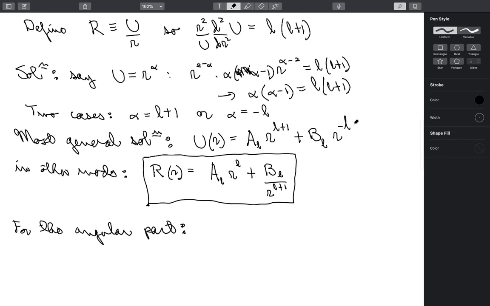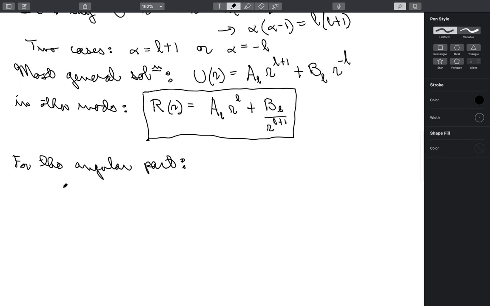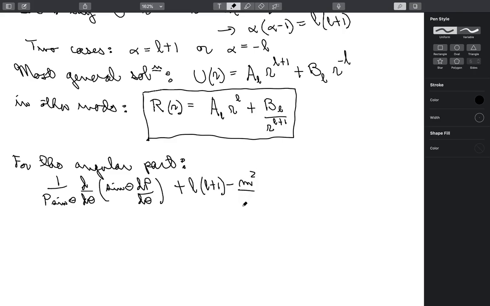We can rewrite this cleanly in the following way. I have 1 over P of theta times sine theta, d d theta of sine theta dP d theta, plus L times L plus 1 minus m squared over sine squared theta. This whole thing has to be equal to 0.